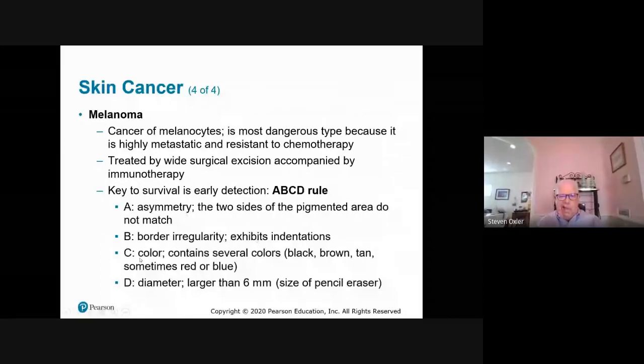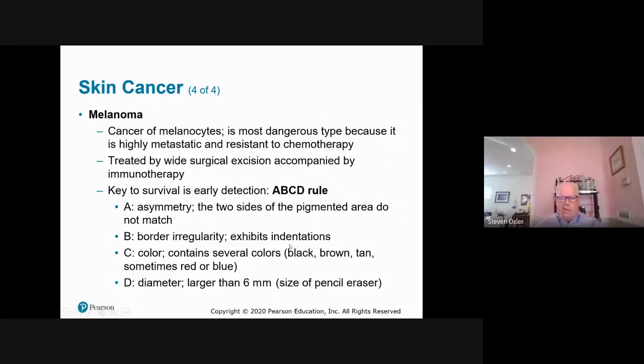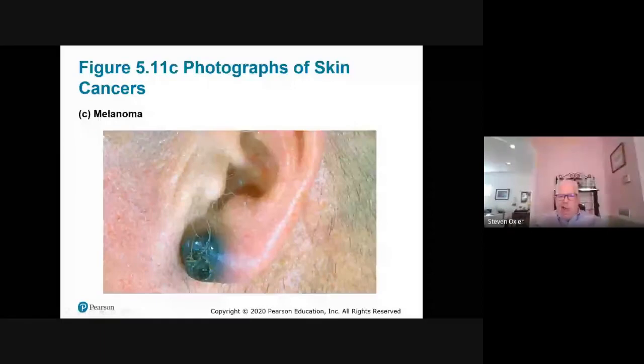It has several colors, basically black, but it can also be brown, tan, red, or blue. And D, diameter, larger than the size of a pencil eraser, larger than 6 millimeters. Here is a typical melanoma. There it is. Blackish blue, has indentations, about the size or bigger than a pencil eraser.